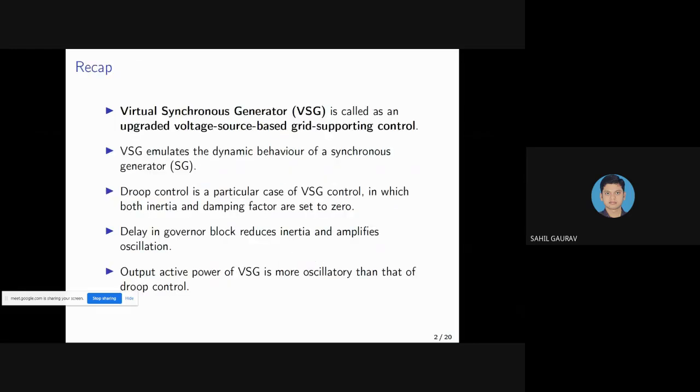Further, we saw the principle of virtual synchronous generator control, in which we were introduced to the function of the swing equation block, governor block, and QV droop block with PI. We also saw other inverter control methods with virtual inertia, analogous to the virtual synchronous generator, developed in the past, and the comparisons between them.